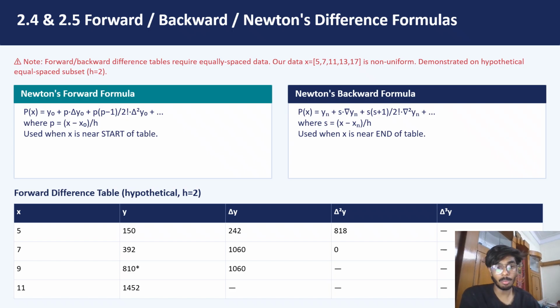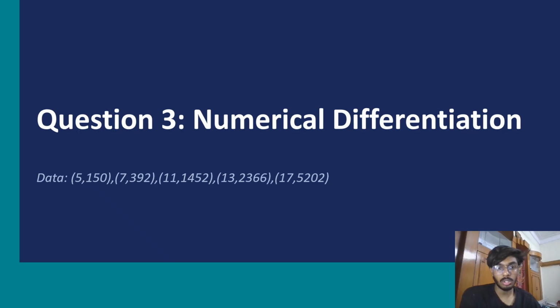We have the respective formula for this: y0 plus p delta y0 plus p(p minus 1) divided by 2 factorial delta squared y0, and so on, where p equals x minus x0 divided by h, and we use it when x is near the start of the table. For backward interpolation, we have p of x equals yn plus s into nabla yn and so on.